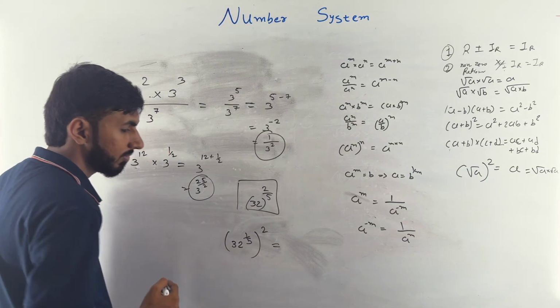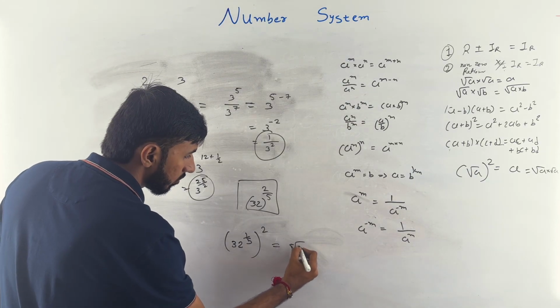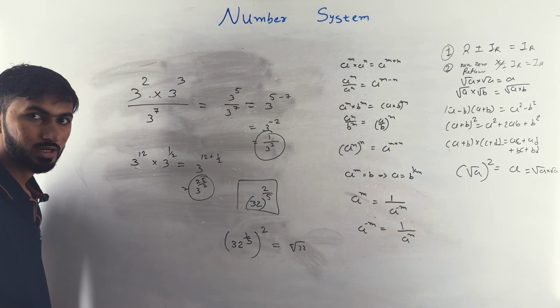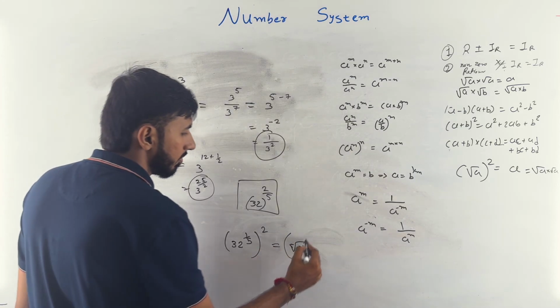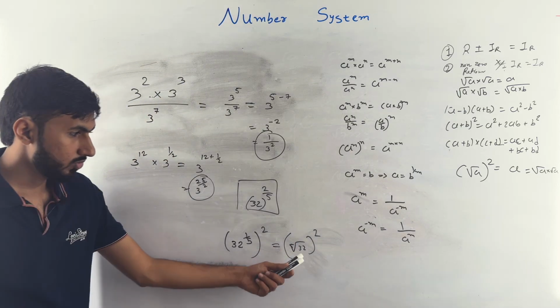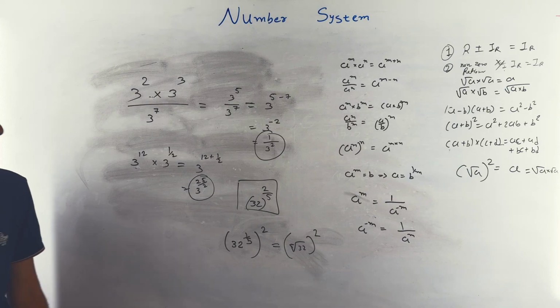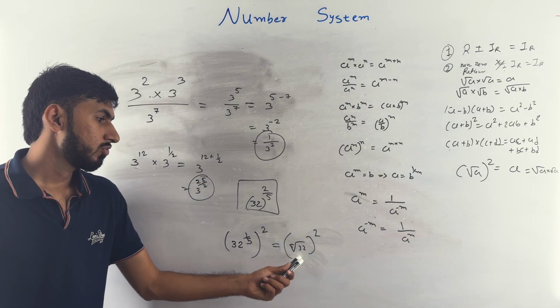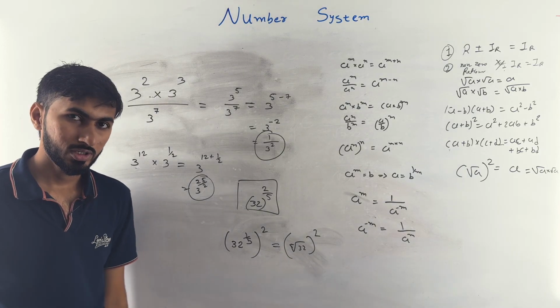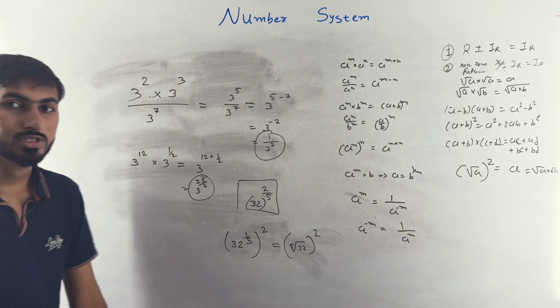Now 32 power 1 by 5 means the fifth root of 32, right? Fifth root of 32, power 2. Now you have to find a number such that if you multiply that number 5 times, you will get 32.